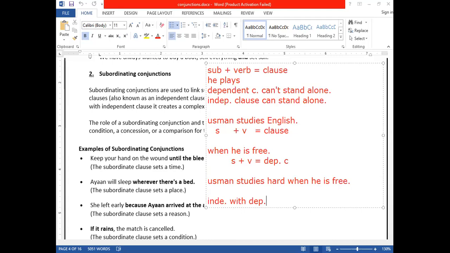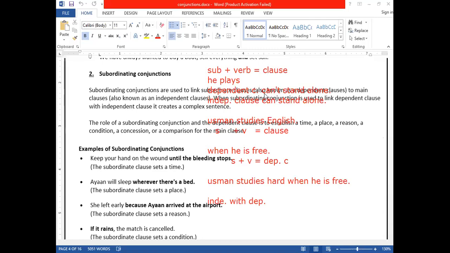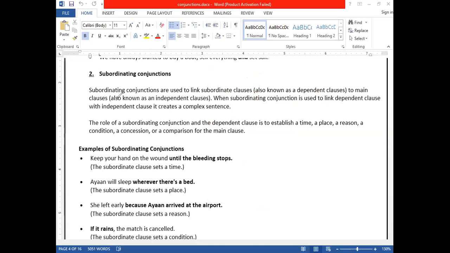Now the topic we have, subordinating conjunctions, we're going to talk about them in more detail. Subordinating conjunctions link subordinate clauses. We call it a subordinate clause because it starts with a subordinating conjunction.